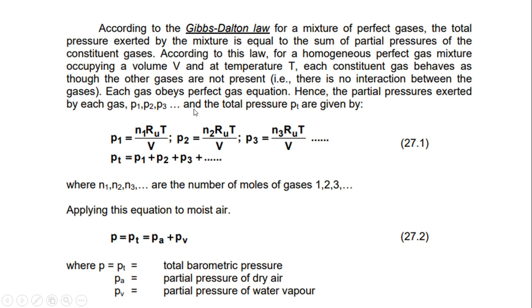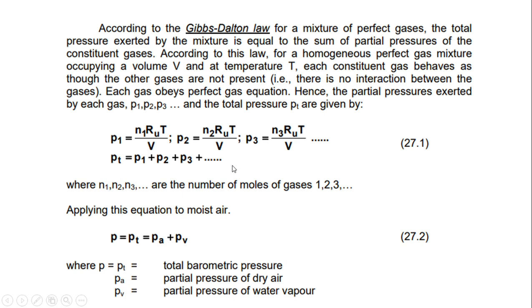Okay. I hope you have studied the Gibbs-Dalton law for a mixture of perfect gases in thermodynamics itself. According to this law, for a homogeneous perfect gas occupying a volume V at temperature T, each constituent behaves as though the other gases are not present. So each gas obeys the perfect gas equation, that is, the pressure of a gas mixture will be equal to the sum of the partial pressures of the gases present in it.